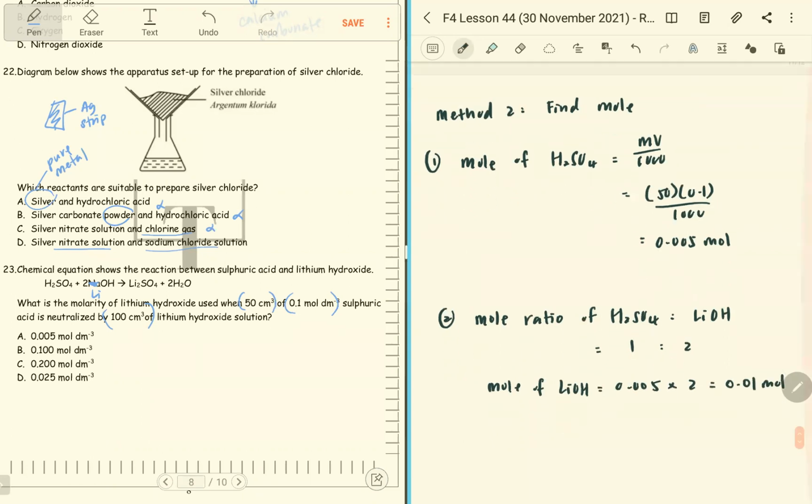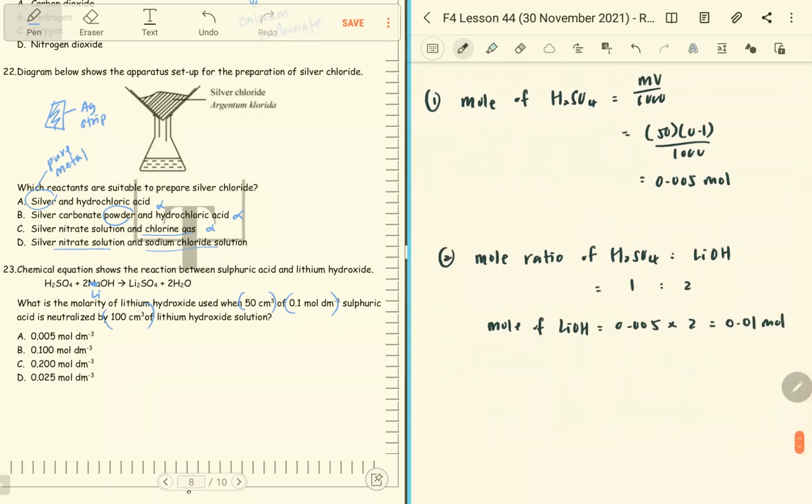And when you have this already, you can go and find out what you want. So you have mole, and we know mole equals MV over 1000. So mole equals M, which we don't know, V is 100, over 1000. So just put that into your calculator. M equals 0.1 mole per dm cube.